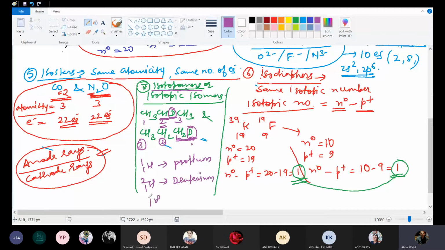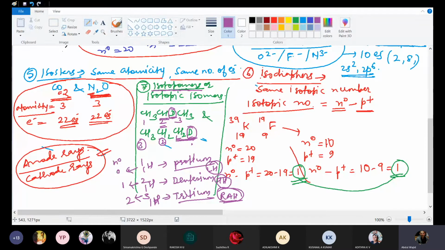And 1H3 is tritium, that is radioactive hydrogen, because it is radioactive in nature. These will have 0, 1 and 2 neutrons respectively. On the basis of the number of neutrons, isotopes have different numbers of neutrons.